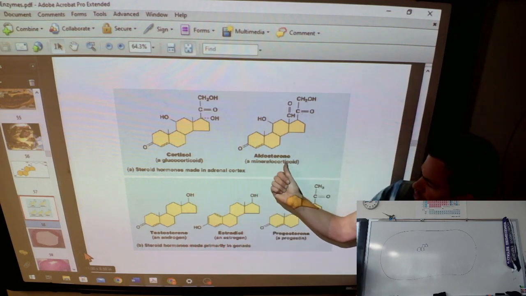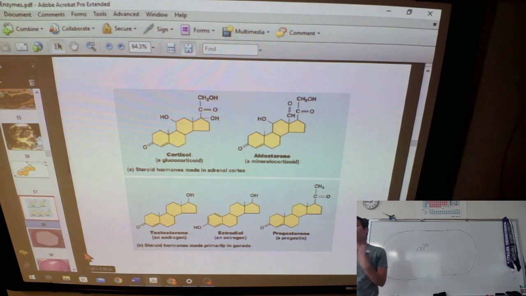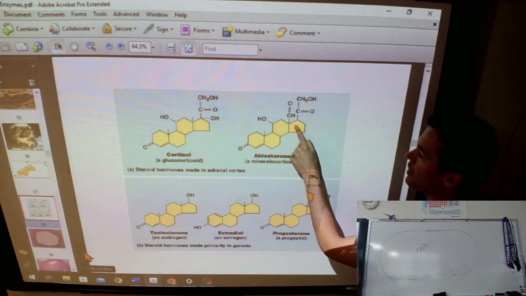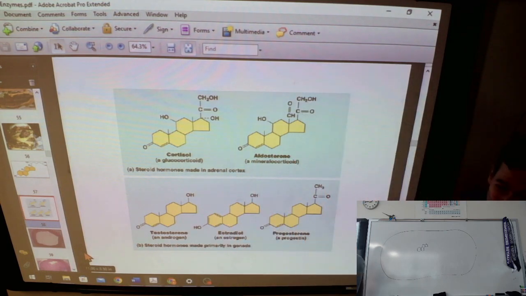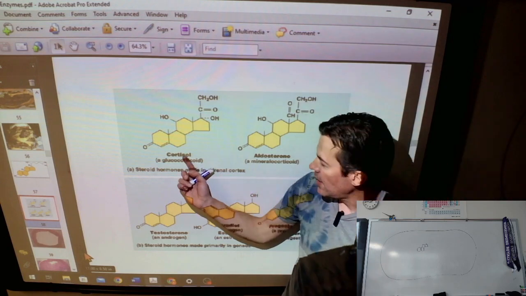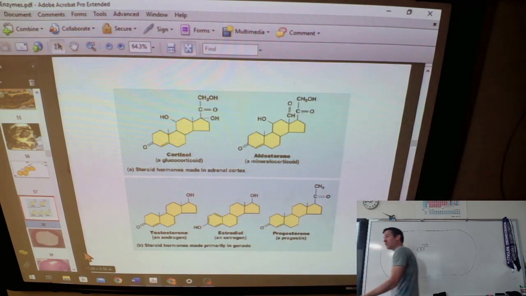So you get a whole lot of ostro and estro and astro. Those are steroid hormones. They come from cholesterol. And as you can see, hex, hex, hex, pentagon in a stair-step formation. They don't always have ostro or estro in the name, like cortisol. That's the stress drug. But a lot of times they do.